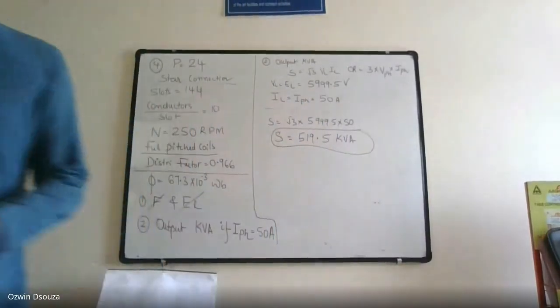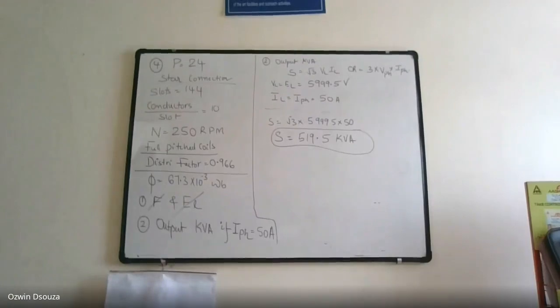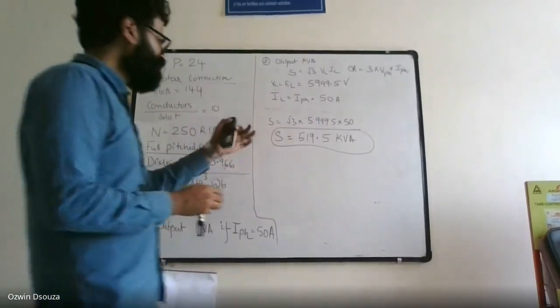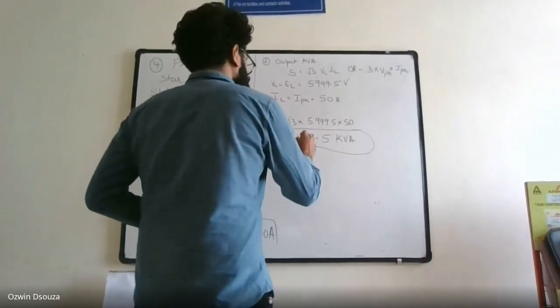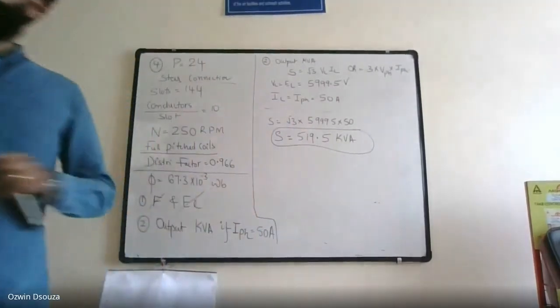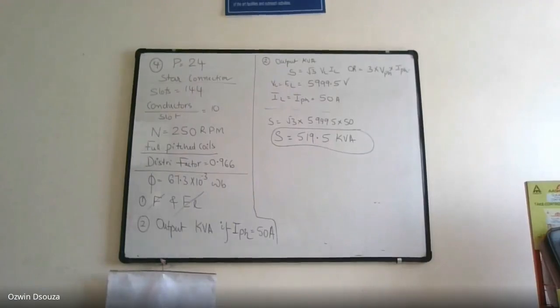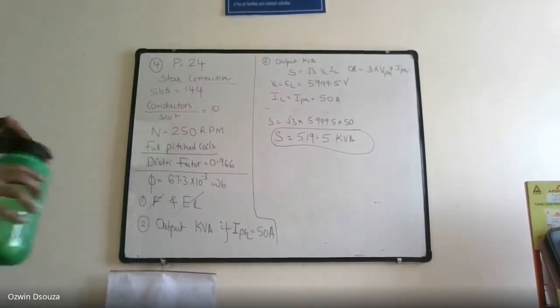You may not get the exact value, even the approximate value. Few of you may get 518 or 520, it doesn't matter. In and around 519 you get, that's more than sufficient.